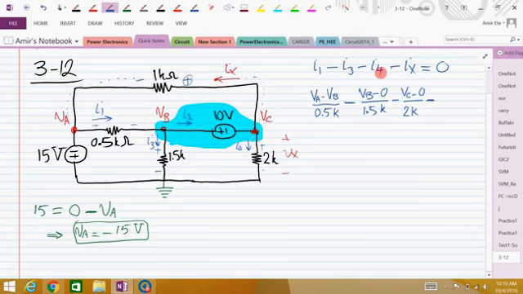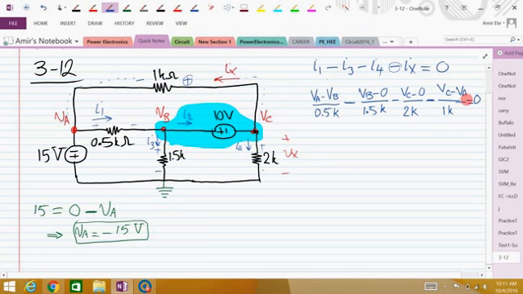So be careful about this negative sign here. Then Ix itself is Vc minus Va over 1k. So that concludes my KCL.